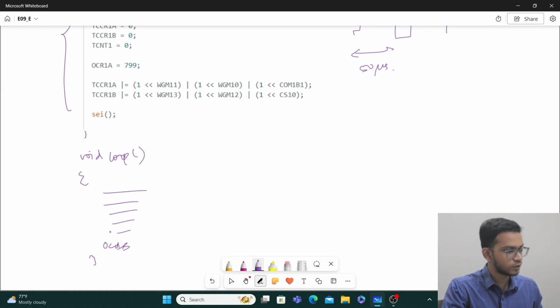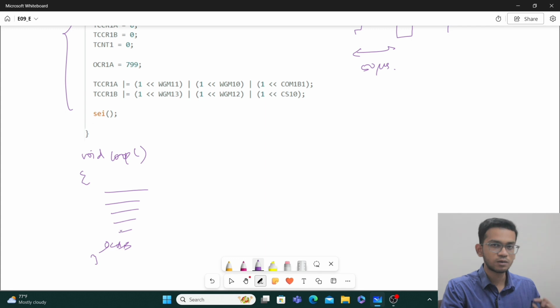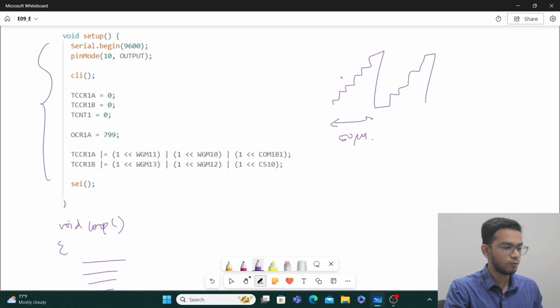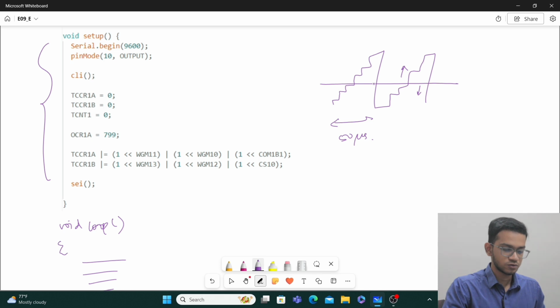So this void loop keeps running again and again, and my OCR1B register, which is the duty ratio register, will get updated every time this loop runs. So only my duty ratio will change slightly up or slightly down. My sawtooth will remain fixed. So with this we can conclude the discussion of configuring your timers.